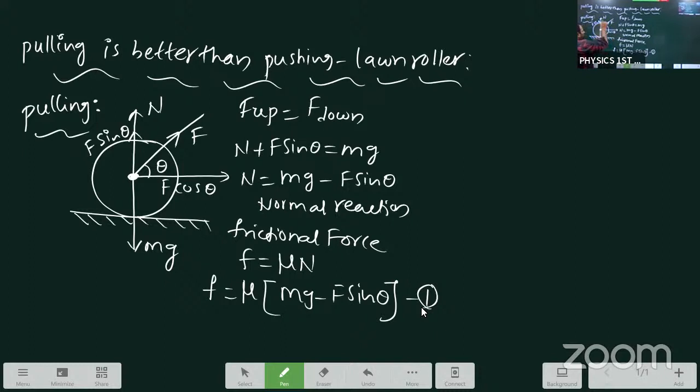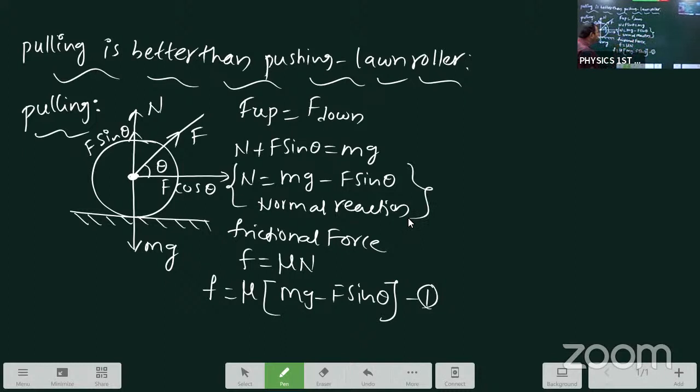So we write sum of upward force equals sum of downward force. Upward force means N plus F sin theta, downward force means mg. Going to the right side, N equals mg minus F sin theta. This is the normal reaction.